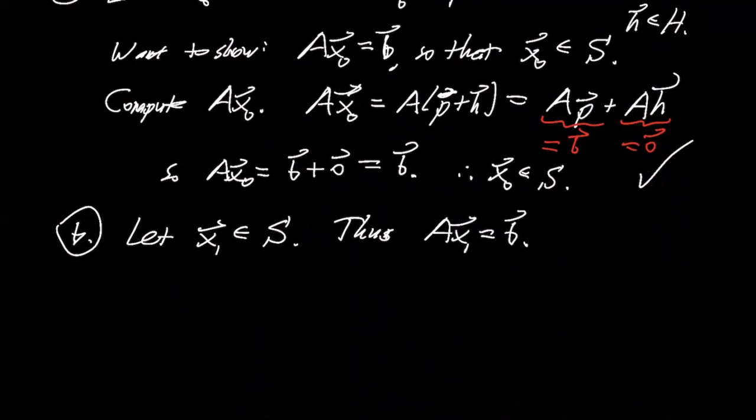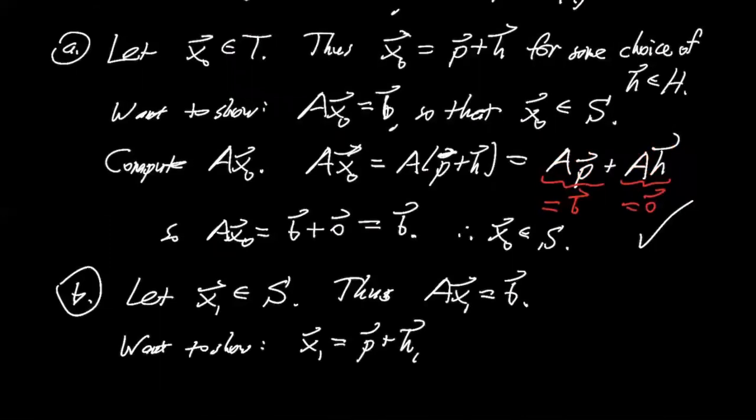We want to show again that x1 is of the form p plus h1. Maybe I should have really put subscripts like h naught everywhere up here in this proof, just to be like a specific vector.